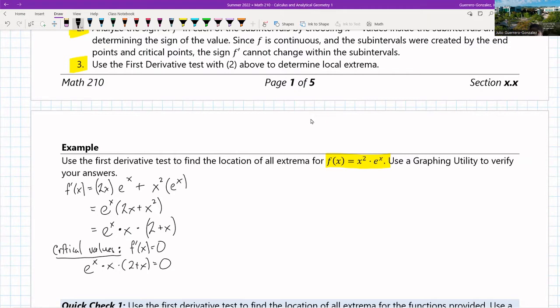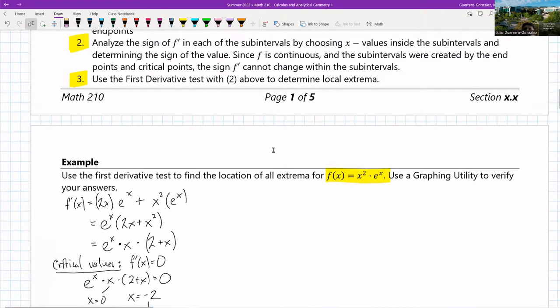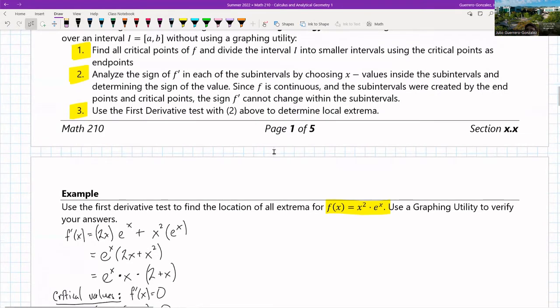It's an exponential, so that's always going to be positive. But then the other factors can be 0, so x can be 0, or x has to be equal to -2. Okay? So we have our critical values. We did part one. So part one, find the critical values. Actually, we're not done yet with part one.